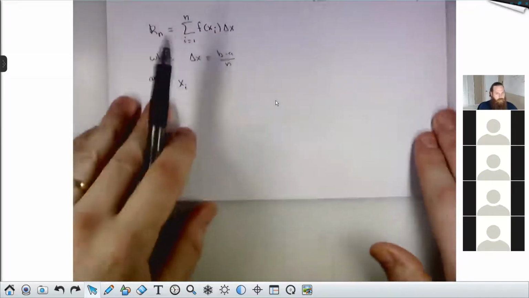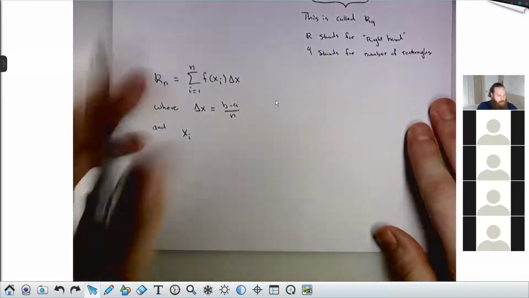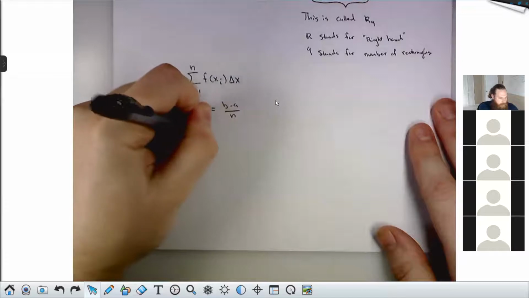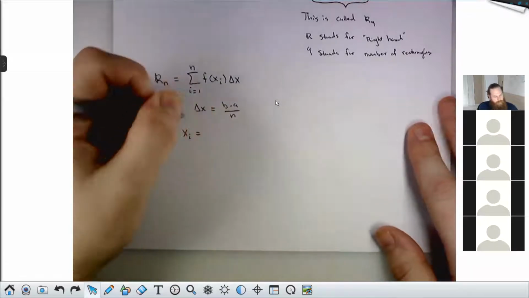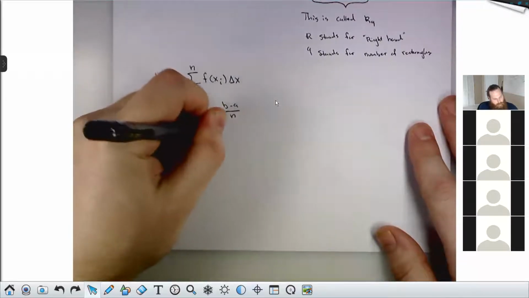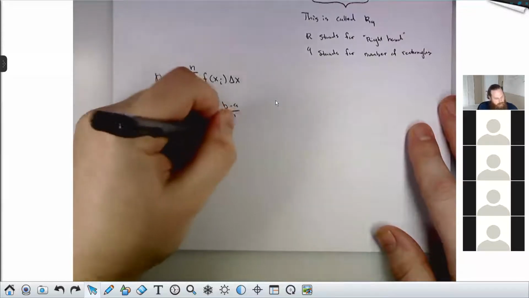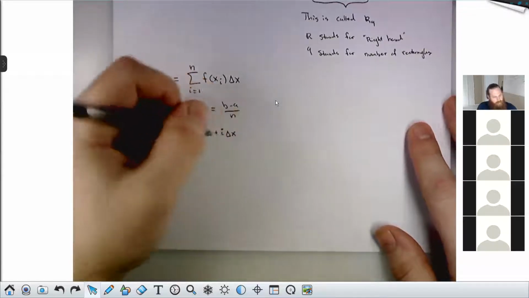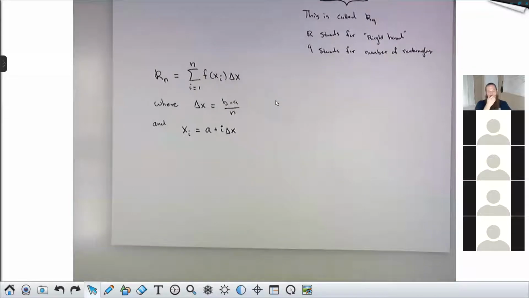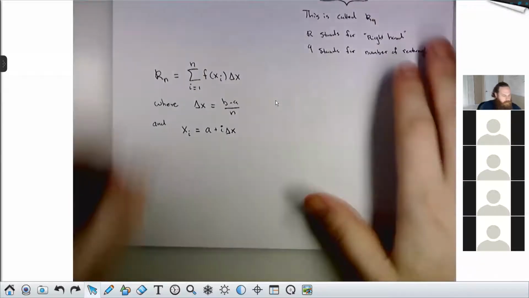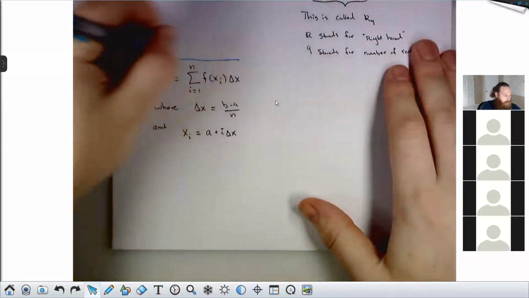And in general, xi, the right endpoint of the ith subinterval, is a plus i times delta x. This is a formula you will need several times during this homework.